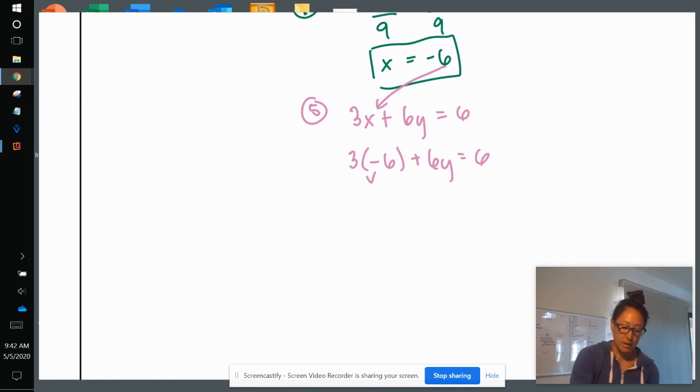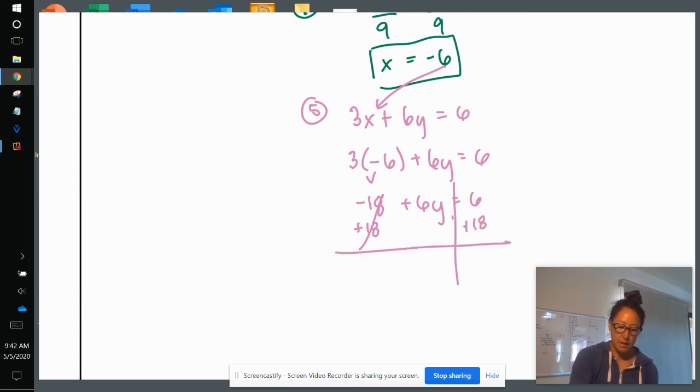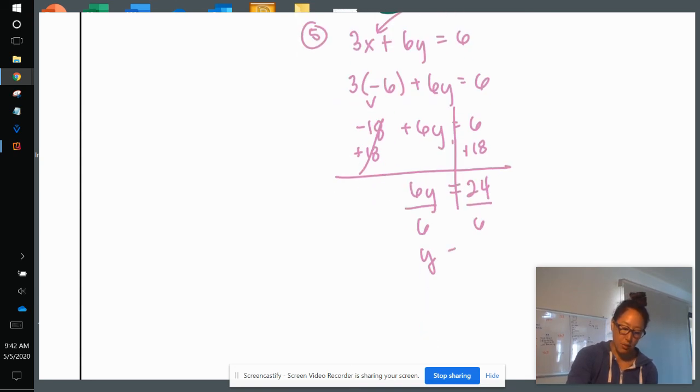Okay, 3 times -6 gives me -18, plus 6y is 6. Then we're going to isolate the y, so we're going to add 18 to both sides. Keeping things balanced, neat, organized. Okay, 6 plus 18 gives me 24. Then I'm going to divide by 6 on both sides to get 1y. So 1y is equal to 4.